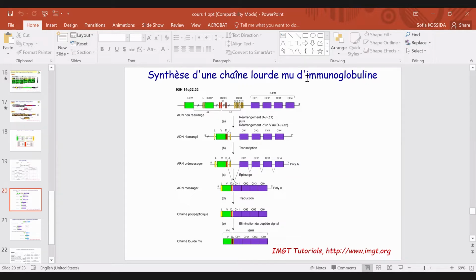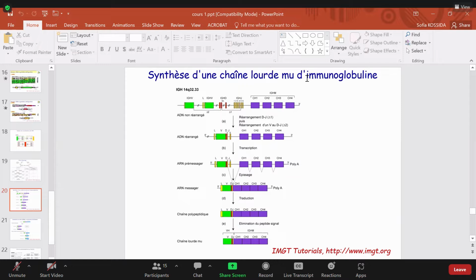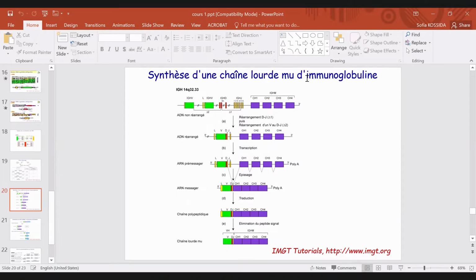And among these isotypes, there was the mu-M isotype. Today, we start off by seeing how, at the molecular level, we can synthesize this heavy chain mu, or M, immunoglobulin. And if you pay attention to this PowerPoint slide, everything will be clear to you.